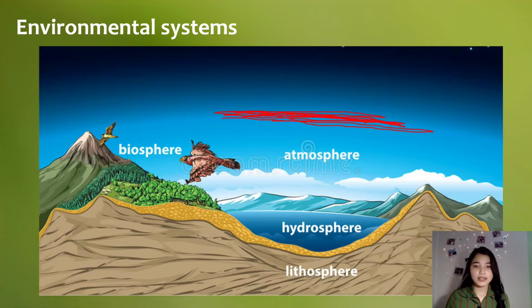And next is biosphere. Here is the biosphere. When we say biosphere, kung makikita nyo dito, merong mga ibon, nandyan yung mga puno, mountains. When we say biosphere, it provides the ecosystem that is needed for survival.